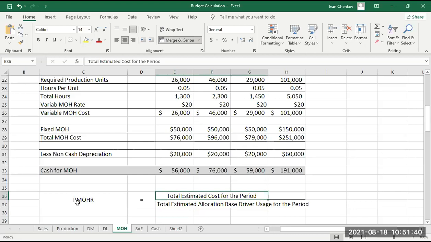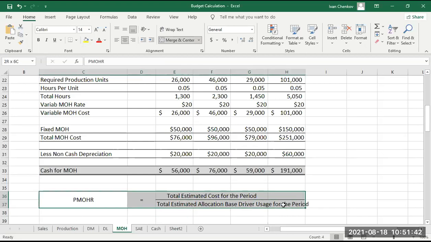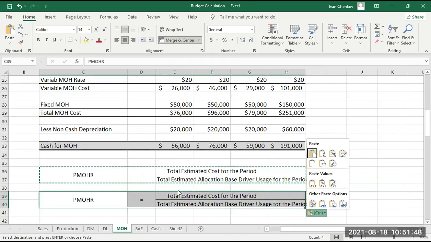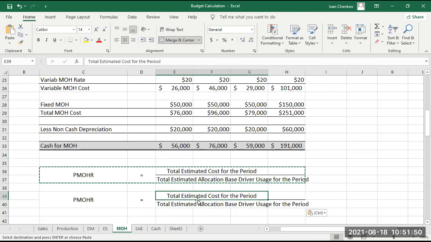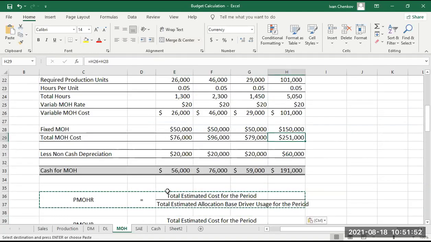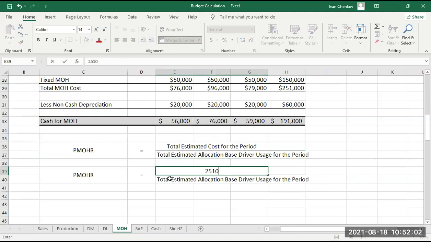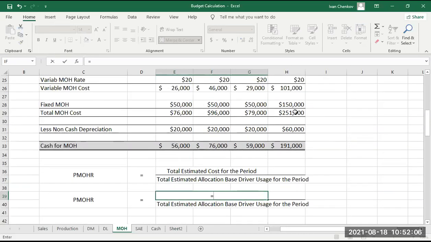How much is my total estimated cost for the period? Because I'm doing the budget, correct? That's 251,000. Or I can say here, this one is equal to that one.